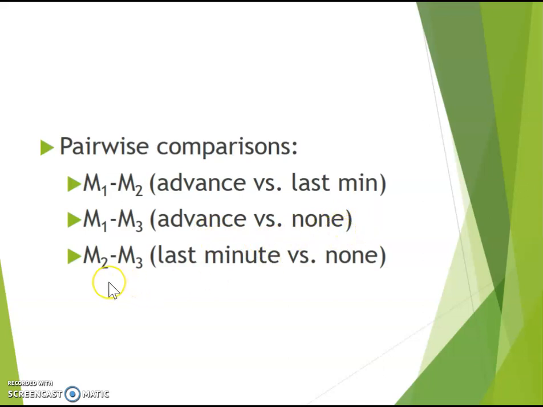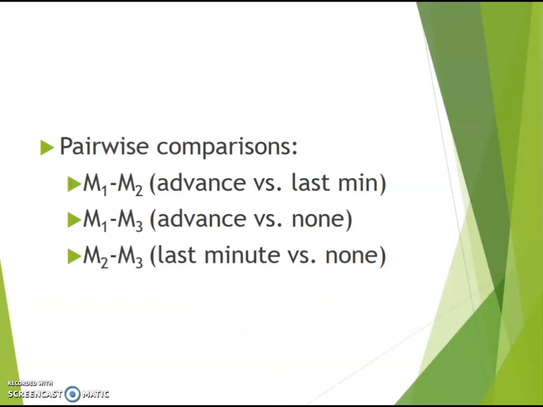And then the final pairwise comparison I have to make is comparing group 2 and group 3, which is the people who studied last minute to the people who don't study at all. So even though these are in a certain order, it doesn't really matter which one's first versus second. It really just matters that each of the different pairs that you can combine is addressed in each of these. So anytime you have 3 groups, you're going to do 3 different pairwise comparisons like this.